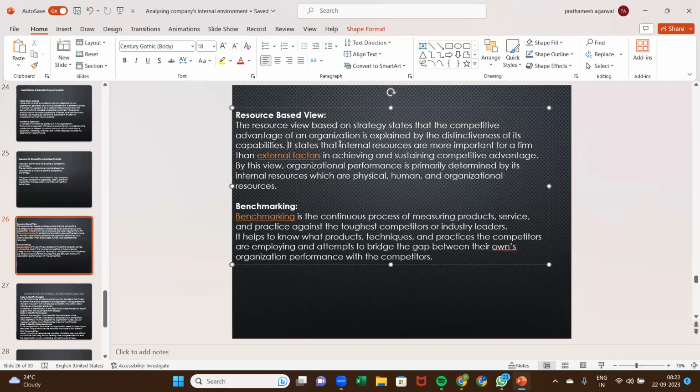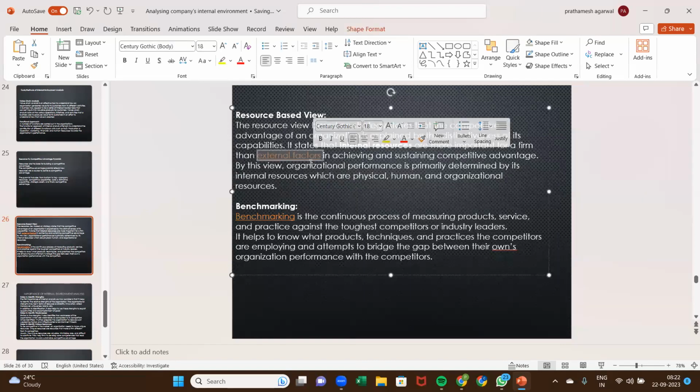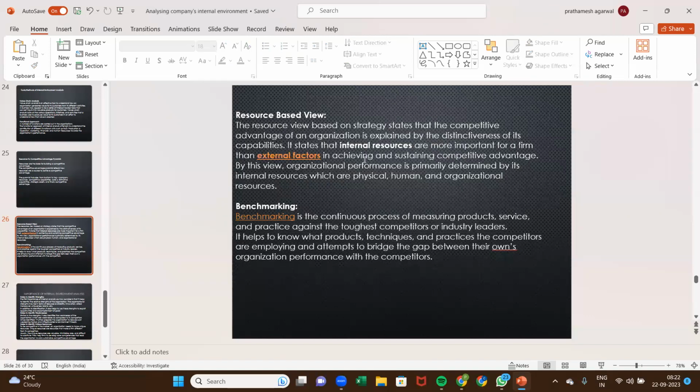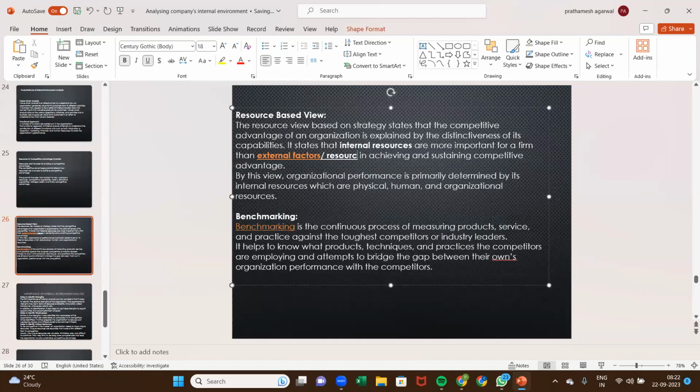So what does the statement say? The internal resources are more important for a firm than an external factor or external resource in achieving and sustaining a competitive advantage.